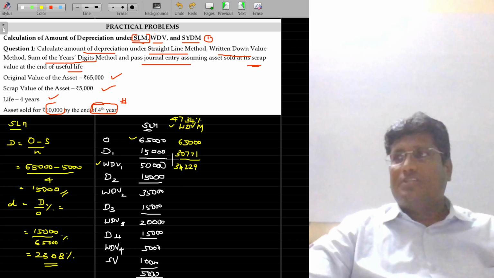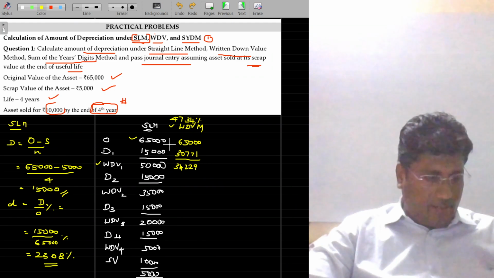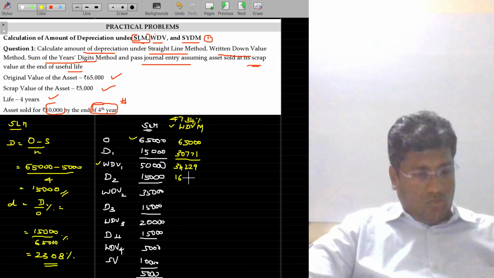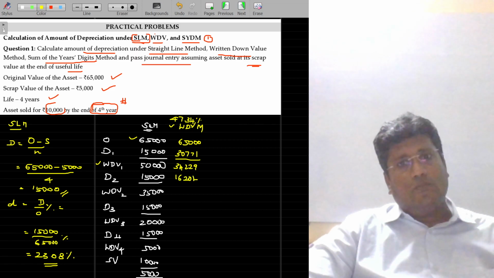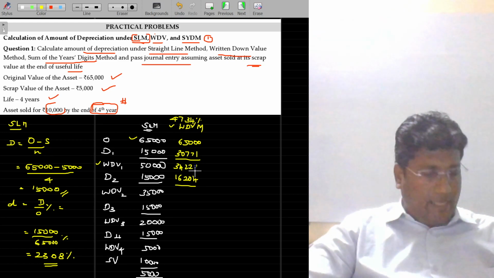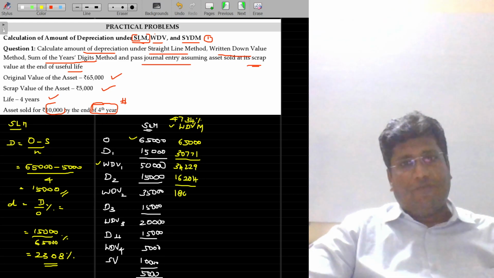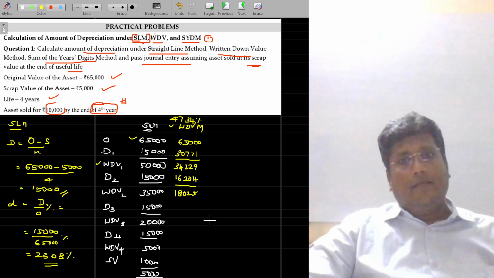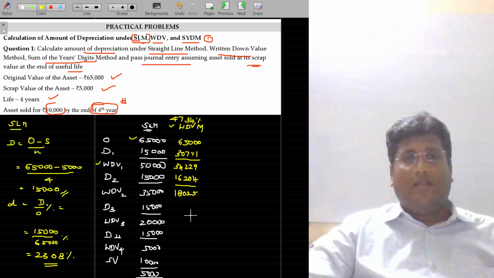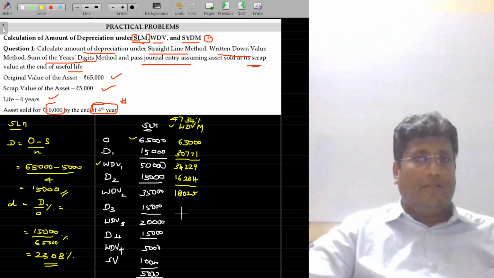On 34,229, the 47.34% is supposed to be calculated, and this value being 16,204. And after the depreciation, the WDV by the end of second year being 18,025. Third year, you have to calculate again 47.34% on 18,025 to arrive at the depreciation for the third year in the WDV method.